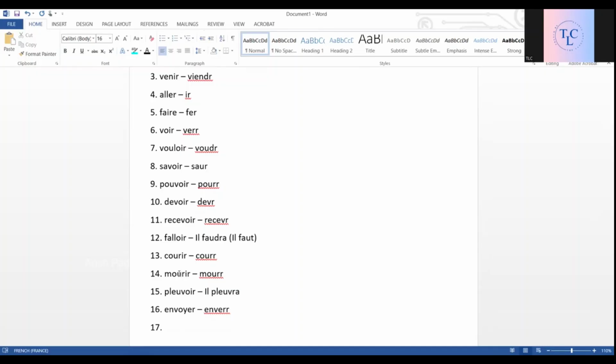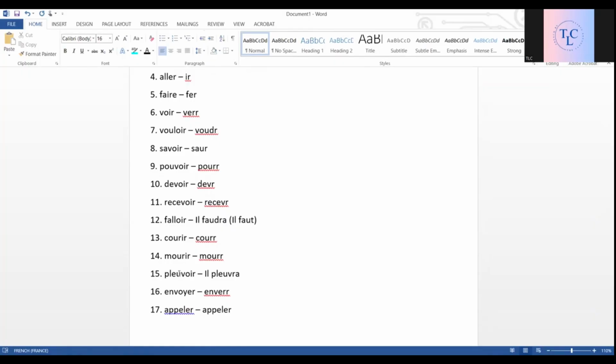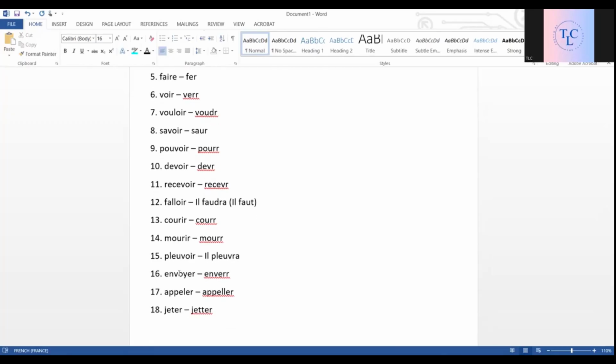Then there are exceptions like this one, appeler. If you remember in the present tense conjugation of appeler, we have double L. So here also that irregularity will continue. Same with jeter, double T. Then verbs like acheter have an accent.